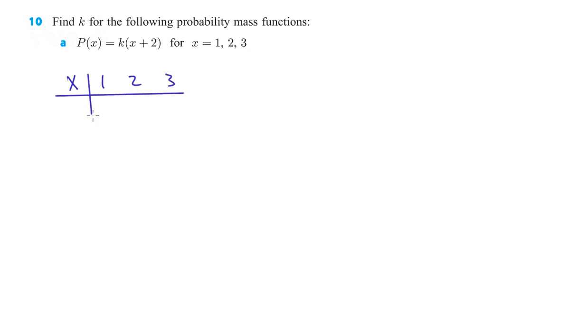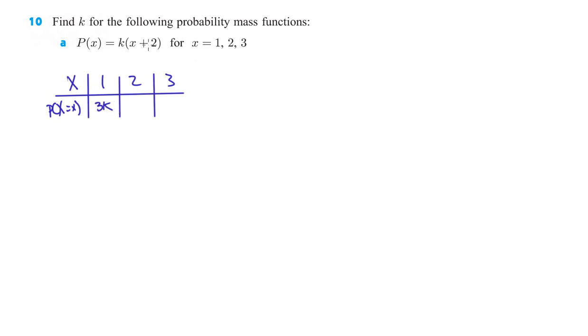So probability of x equals x here. If we plug 1 in, 1 plus 2 is 3. 3 times k, that's 3k.